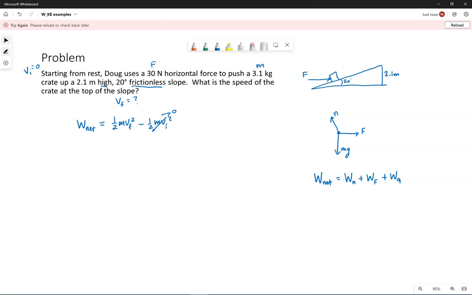There's no friction. Problem tells us it is a frictionless slope. So of the three forces, the normal force will not be doing any work, simply because it is always perpendicular to the displacement. The displacement is going to be along the slope.